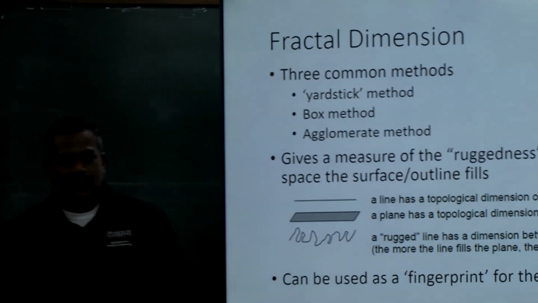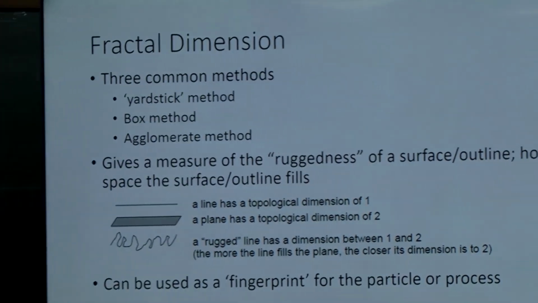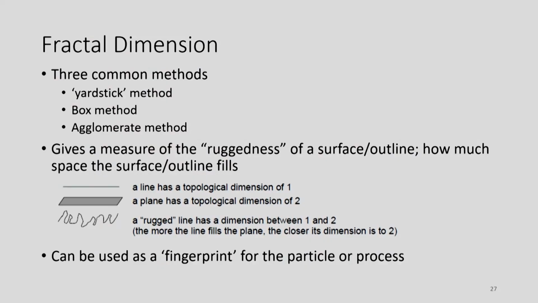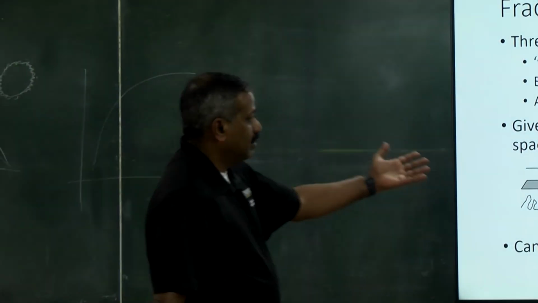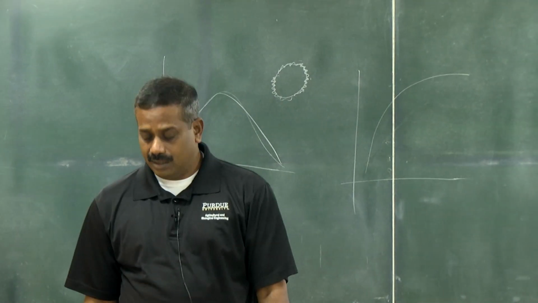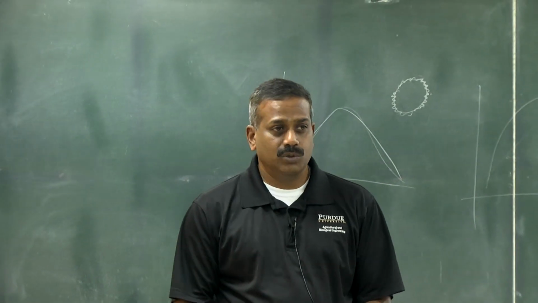So that was used to create the atlas or world map, using some specific dimension, getting the distance, and creating the map. So it gives a measure of ruggedness or the surface outline of the particle.